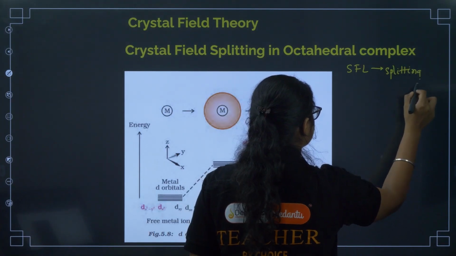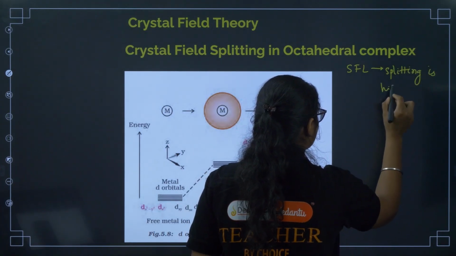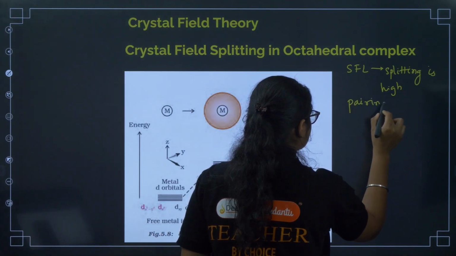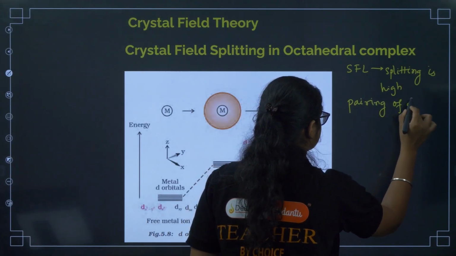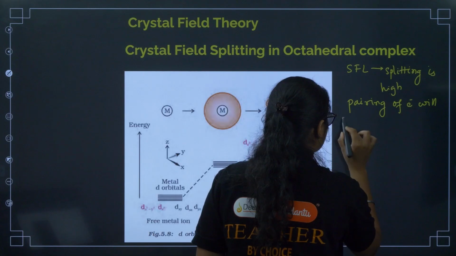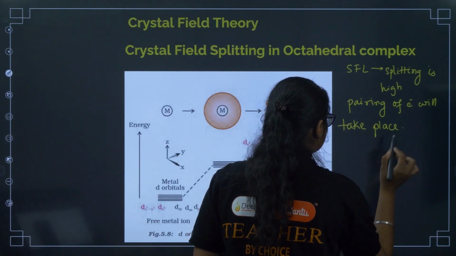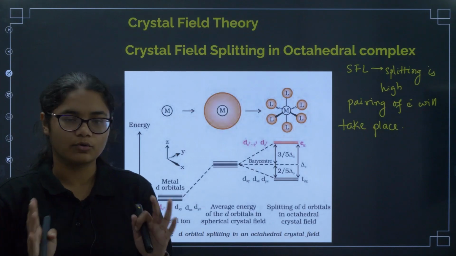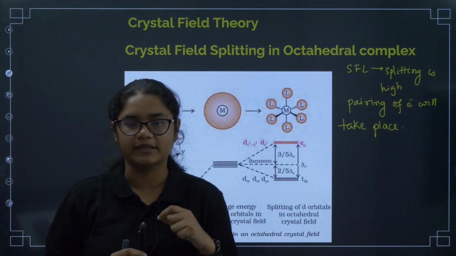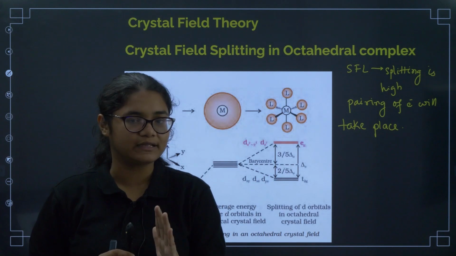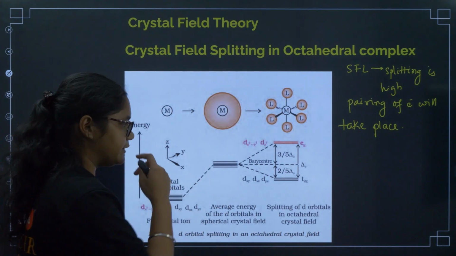Okay, splitting is high and pairing of electrons will take place. Now for d1, d2, d3, there is no configuration change whether it is a strong field ligand or a weak field ligand. But for d4 to d7, you have to be very careful. Now we will discuss that.